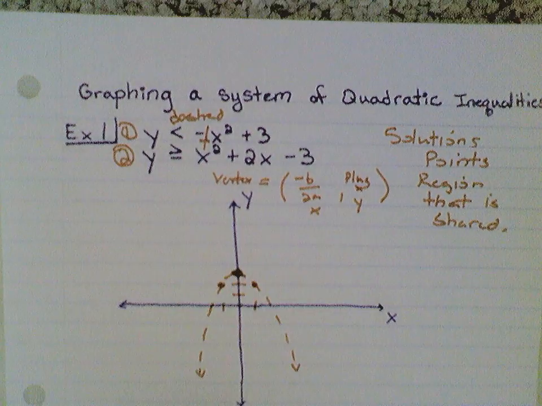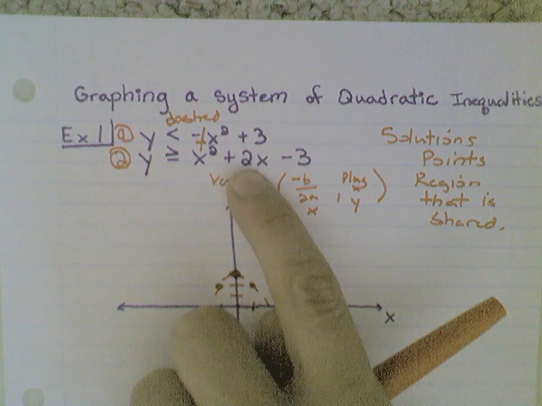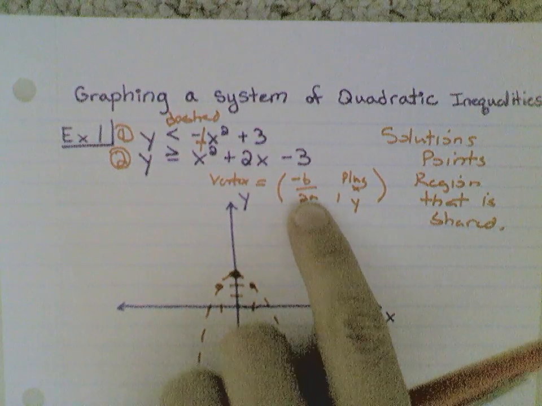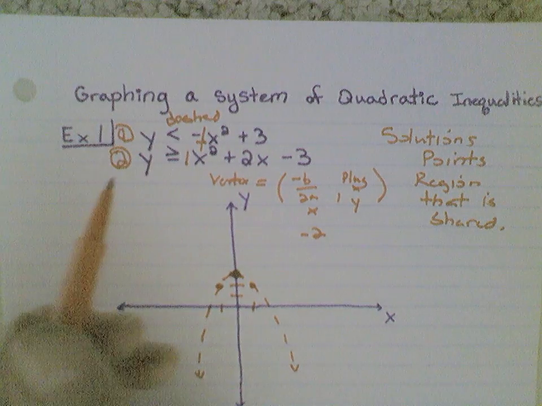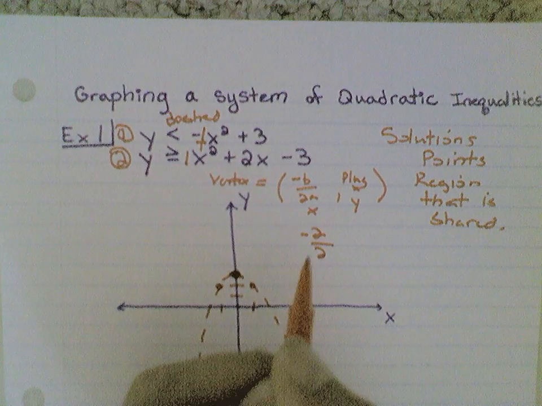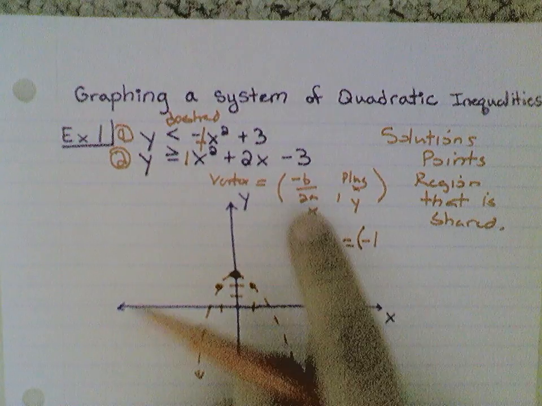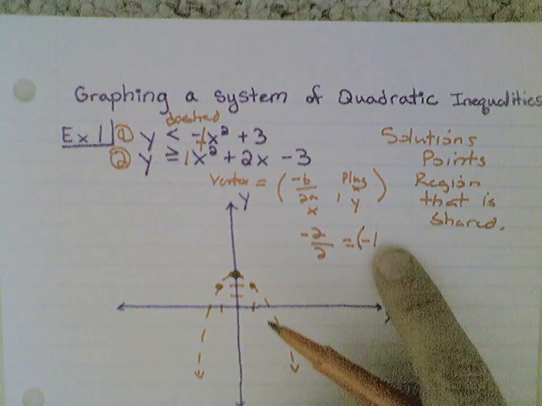If I take the opposite of b, that's just -2, and if I put that over 2 times a, where a is 1, I'll get -2/2, which equals -1. So the x-coordinate of my vertex is -1.